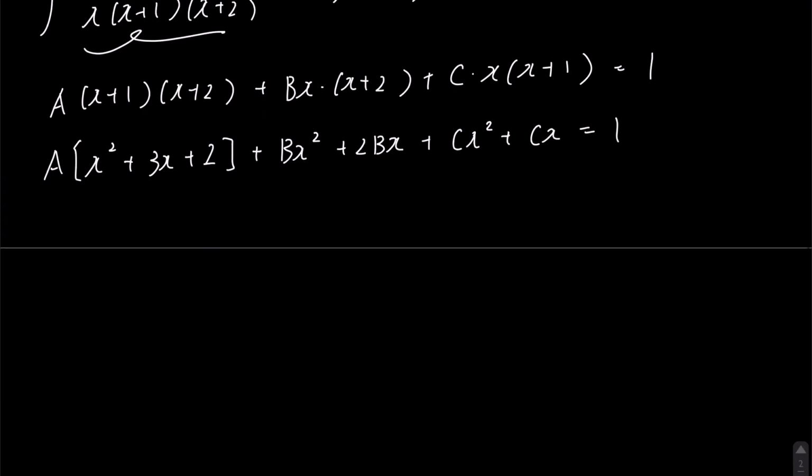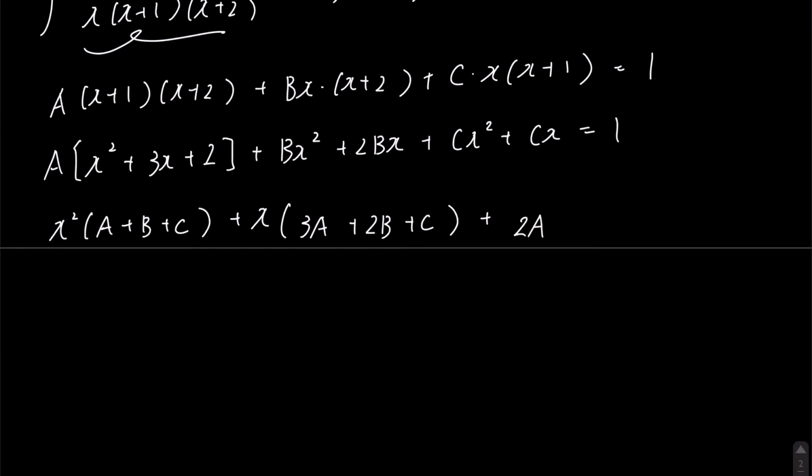As you know, we can factor that. So let's make it x squared times a plus b plus c, and x times 3a plus 2b plus c, and just the 2a will remain, so plus 2a equals 1.